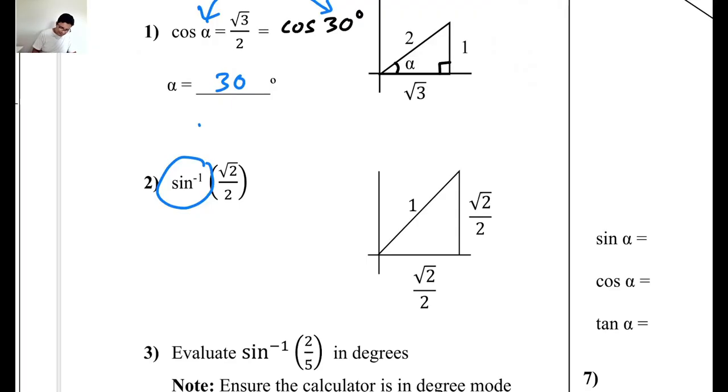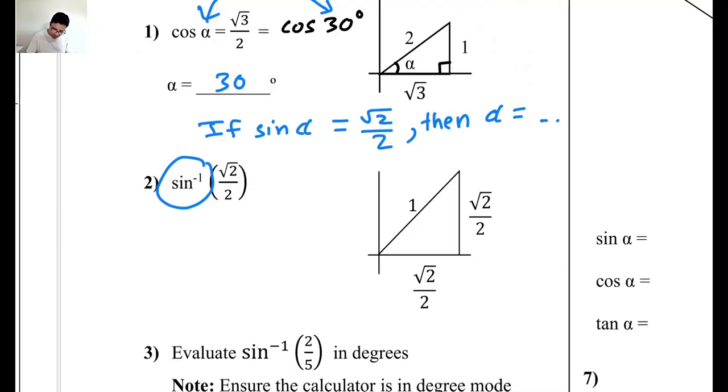Okay, if sine alpha equals root 2 over 2, then alpha equals blank. That question is basically the one that you are seeing here.